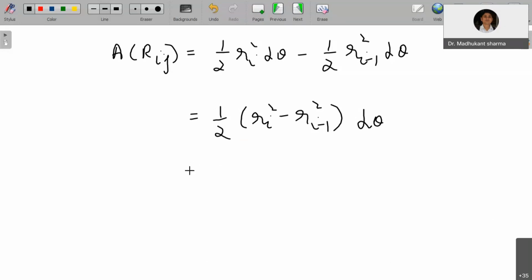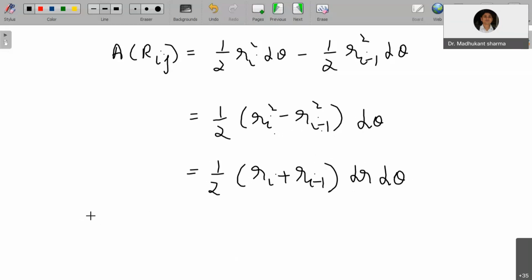So I just write 1/2, and I can rewrite this as a minus b into a plus b: (ri plus ri minus 1) into (ri minus ri minus 1), which is dr, d theta. Here d theta and dr mean we are taking equispaced, uniformly spaced partitions, all lengths the same.